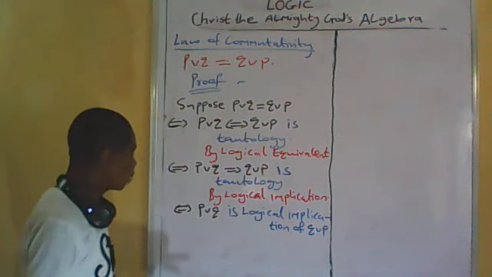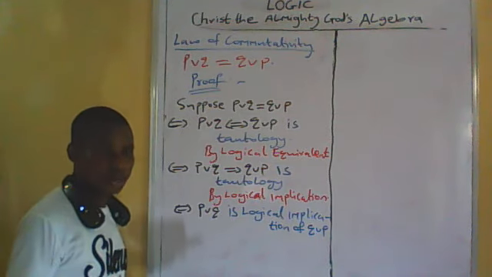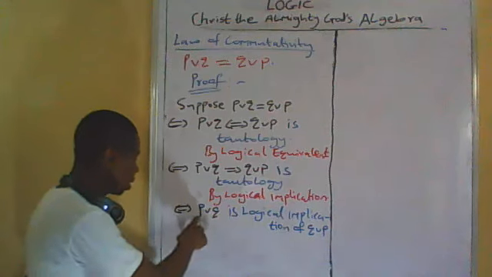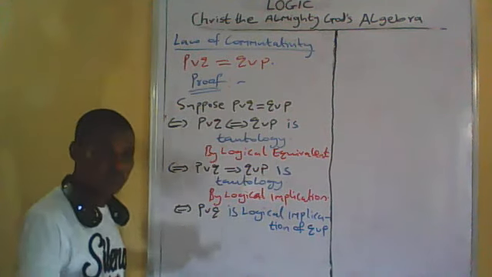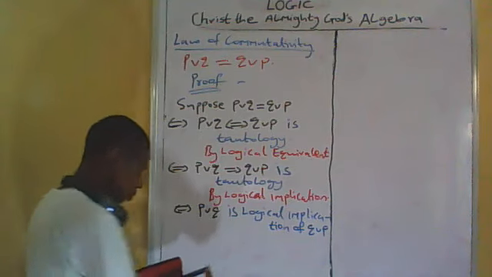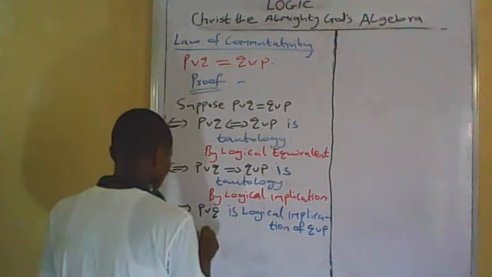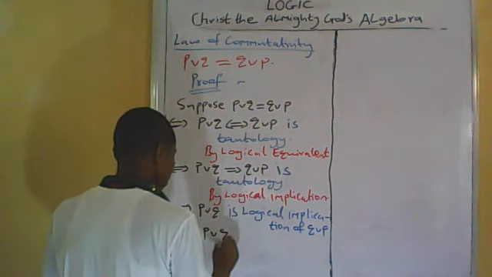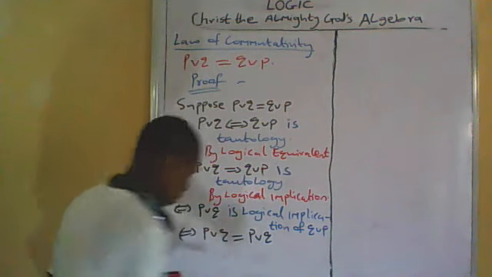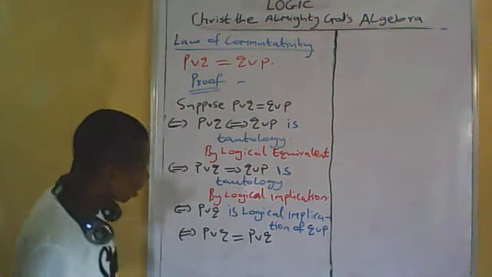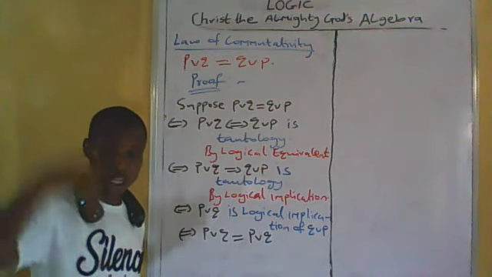That's why we say that P or Q is a logical implication of Q or P. If P or Q is a logical implication of Q or P, that is true. Also, P or Q is equal to Q or P. That means the logical implication is equal to itself.